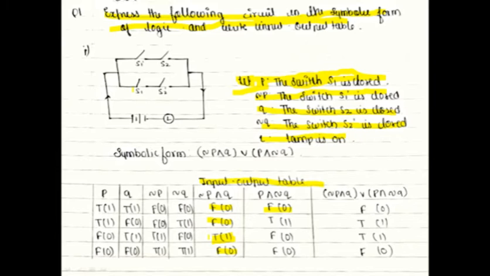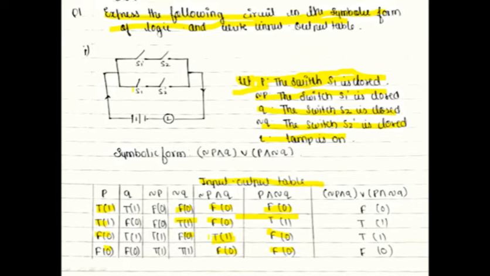Next, P and negation of Q. So what is P? P, true and false is false. True and true is true. False and false is false, and false and false is false.